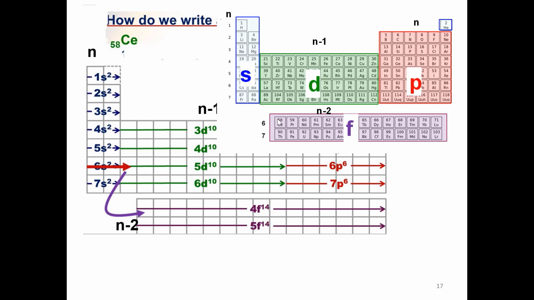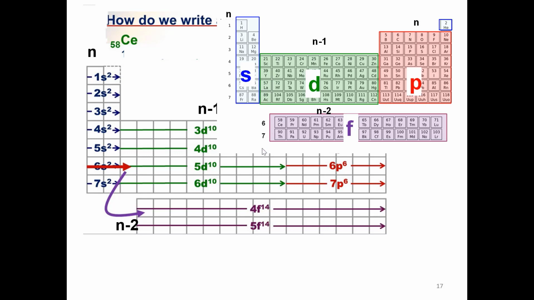Then in this case, we had to be careful when we write the last part of the electronic configuration of cerium. In the first part, we will just write in the way we already know, but when we reach to this part, then you see we need to move from here to here.